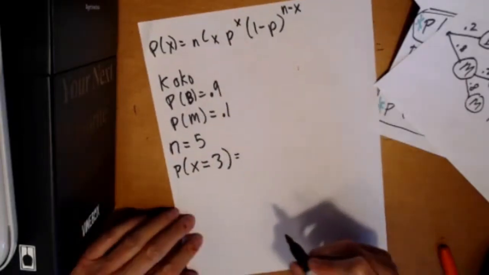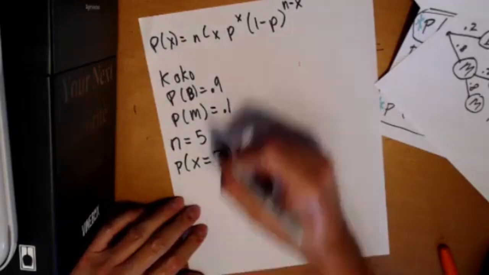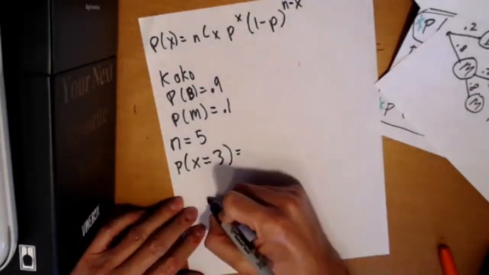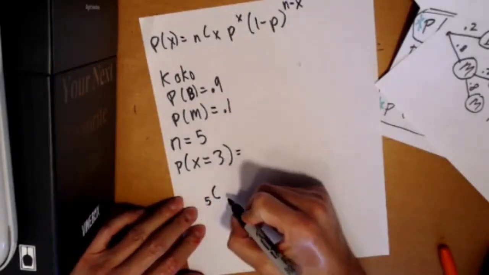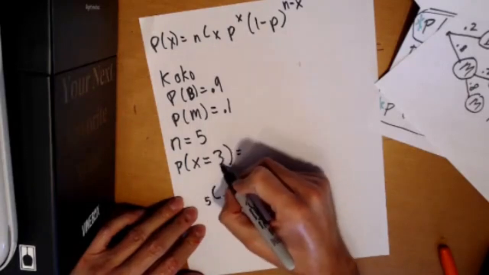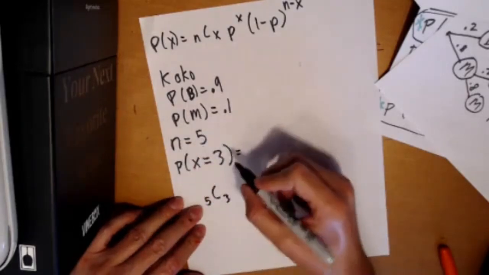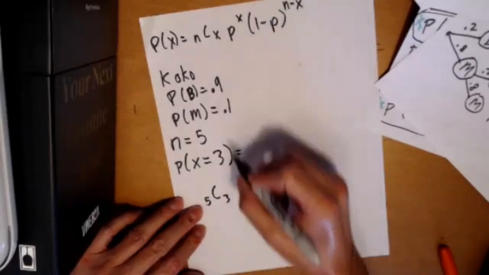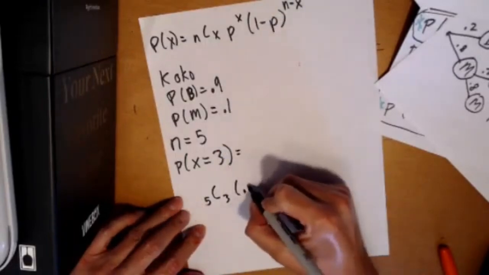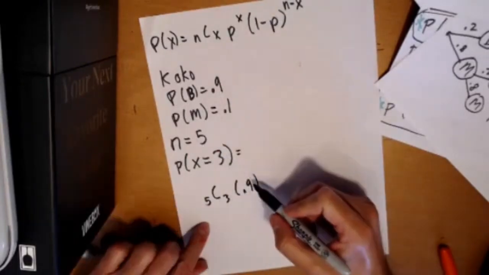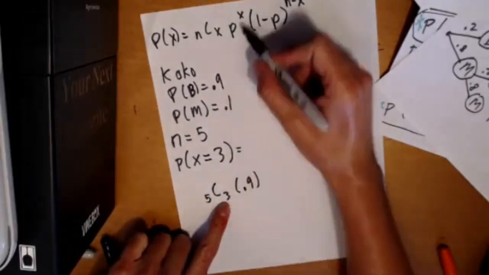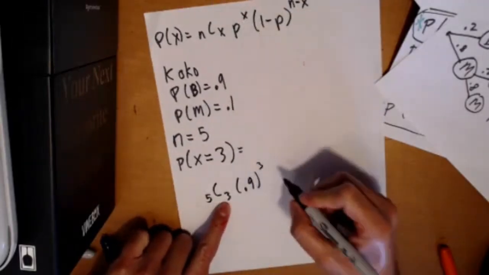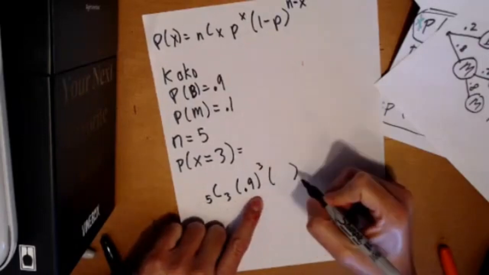So the probability, therefore, is NCX. Of the 5, we're going to choose 3, right? The X is 3, the N is 5. The probability P of making a basket is 0.9. How many baskets did Coco make? X equal 3.